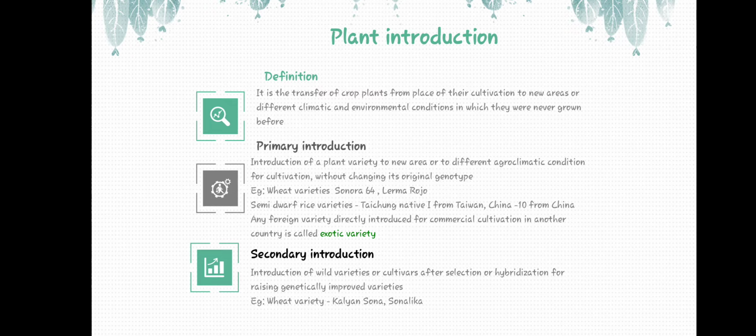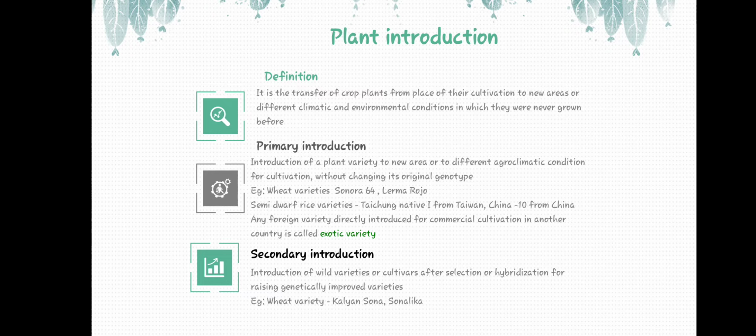So what we do in plant introduction is that wherever there is no variety of a particular crop, to that place we bring the crop from an entirely different place.